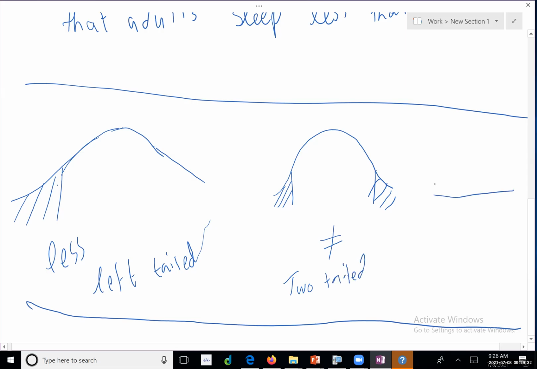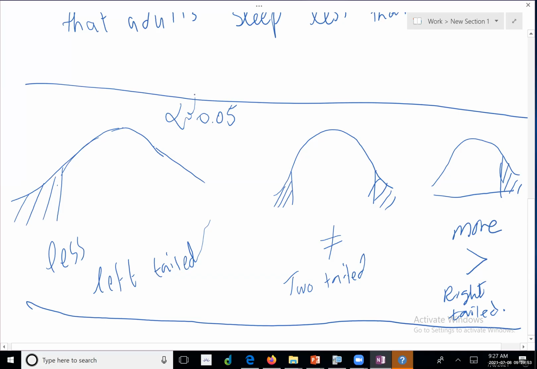And if it's more, it's the higher side, and it's right-tailed. If they say compare with 5% alpha, the way you find the confidence level is 1 minus 2 alpha.